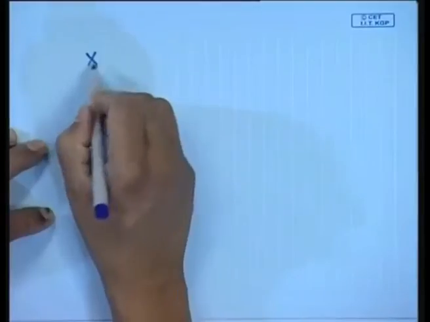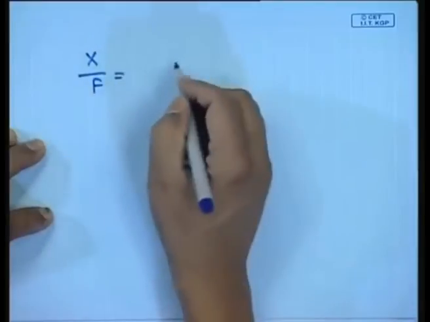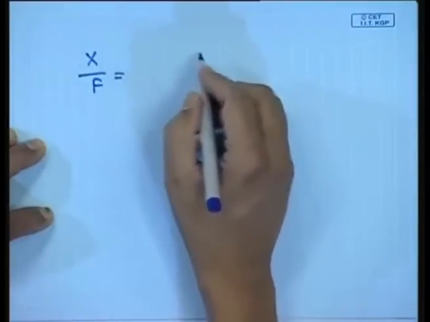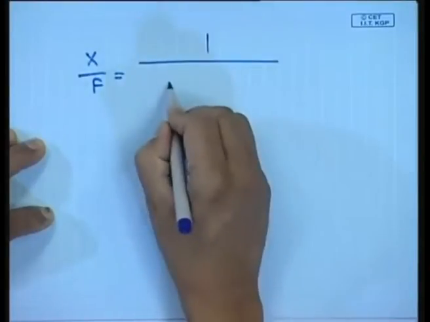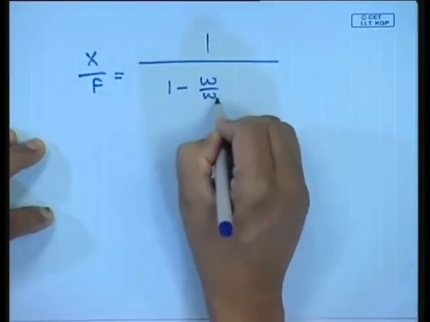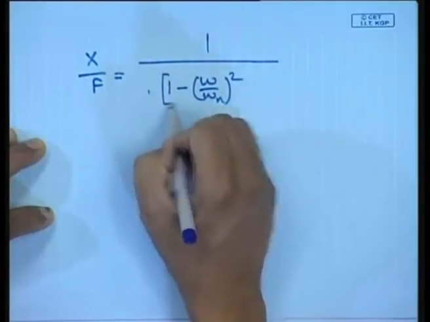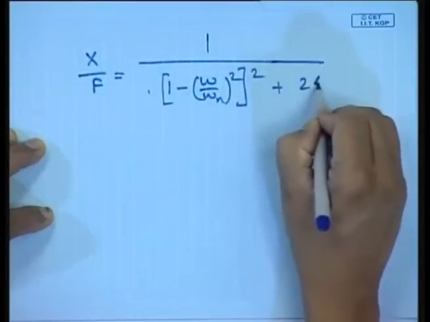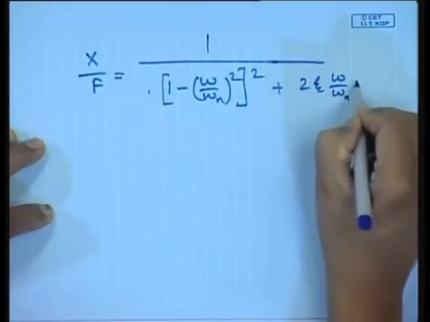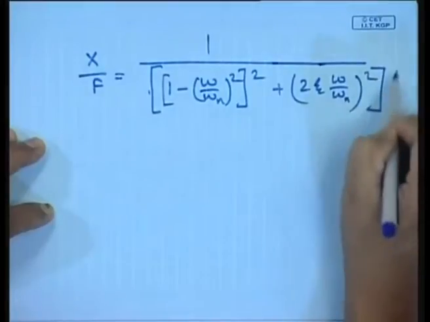So, this equation or x by f could also be represented as 1 by the square root of 1 minus omega by omega n, whole square, plus twice zeta omega by omega n, whole square, to the power 1 by 2.